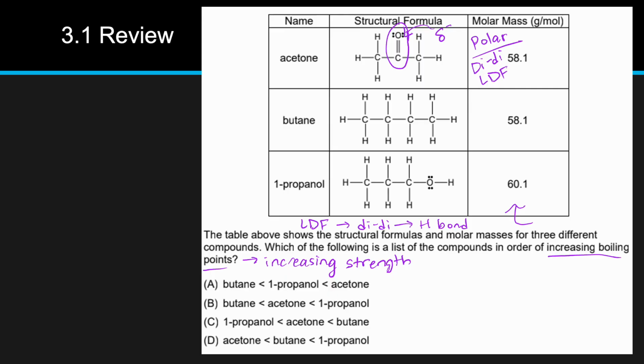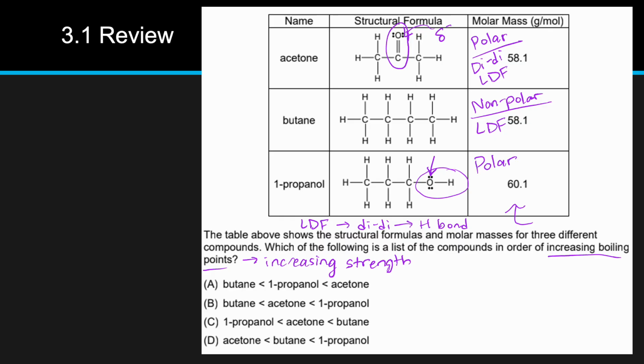Then moving on to butane, all we have is carbon-to-carbon bonds, which are nonpolar, and carbon-to-hydrogen bonds, which are also nonpolar. So this is a nonpolar molecule. And nonpolar molecules only have London dispersion forces. And then moving on to 1-propanol, we have our carbon-to-carbon nonpolar bonds and our carbon-to-hydrogen nonpolar bonds, but we also have this hydroxyl group, which is very electronegative on this oxygen, and it does create a dipole or a polar molecule.